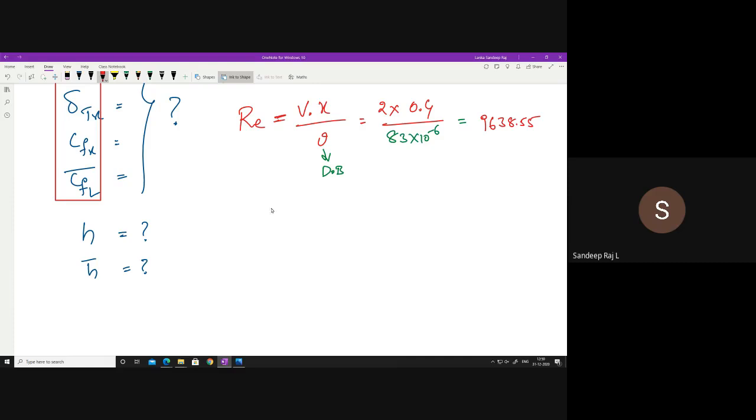That is the Reynolds number value. So the Reynolds number value is less than 5 lakhs. That implies the flow is laminar.